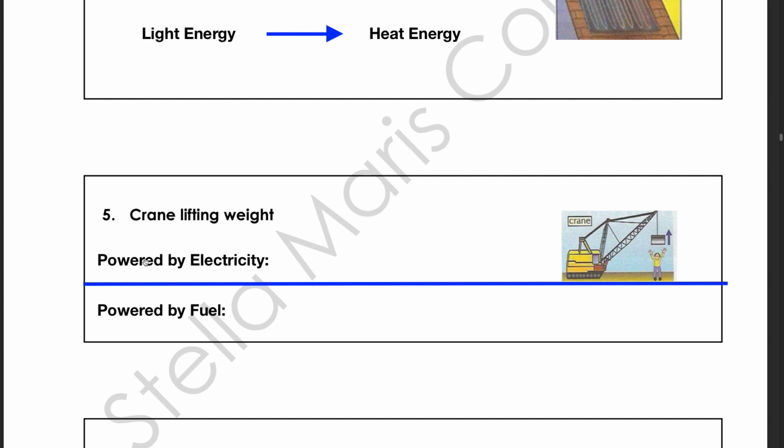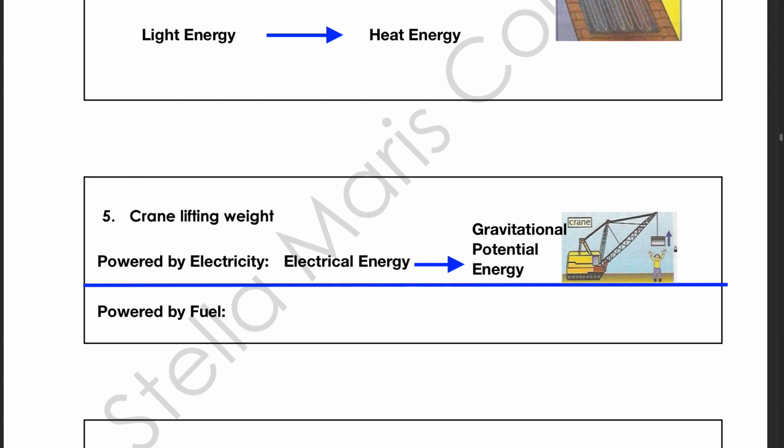So the first one, if it is powered by electricity, whenever we have electricity, we have to have electrical energy that is turning into gravitational potential energy, since the object is being lifted upwards. If the crane is powered by fuel, fuel is always chemical energy, and once again, the final form of energy is going to be gravitational potential energy. Because a crane, whether it works with electricity or with fuel, at the end you need it to lift something upwards, therefore giving it gravitational potential energy.